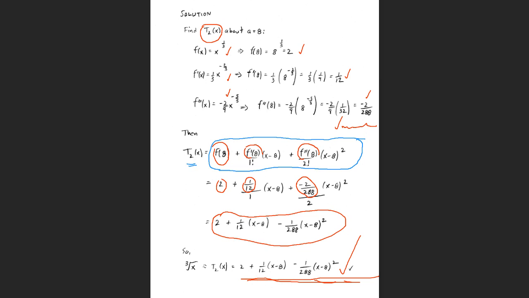You can graph the cube root of x function, and then graph the second degree Taylor polynomial and see if those two functions closely approximate each other within a certain range of x values about a equals 8. So let me show you what I did here. Let me go into Desmos.